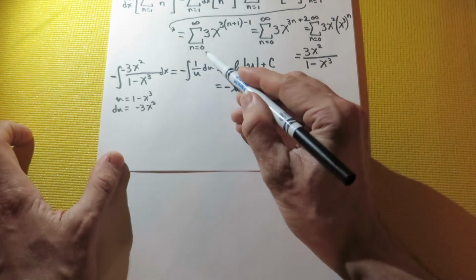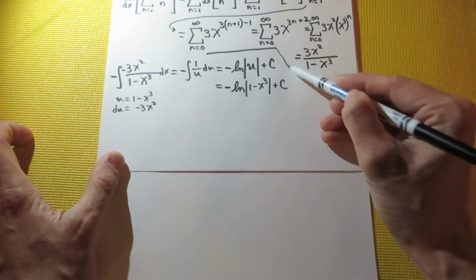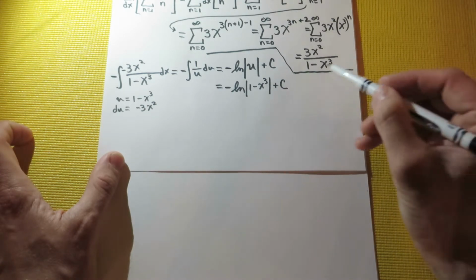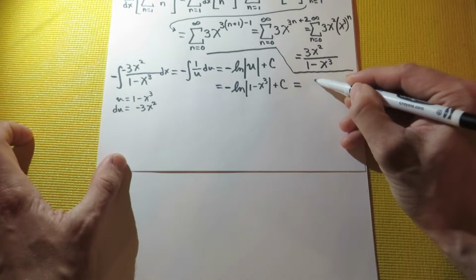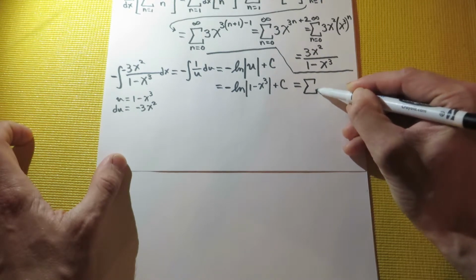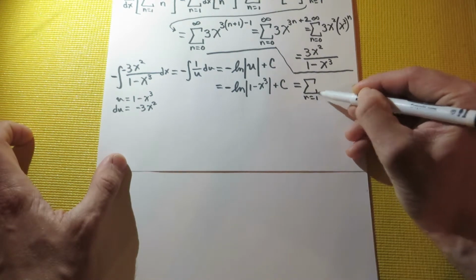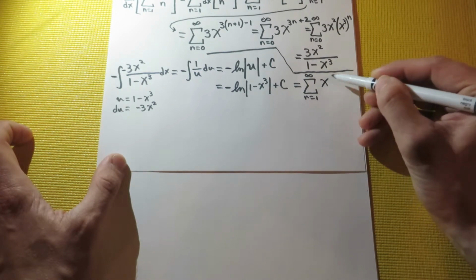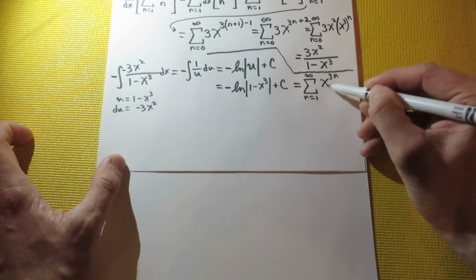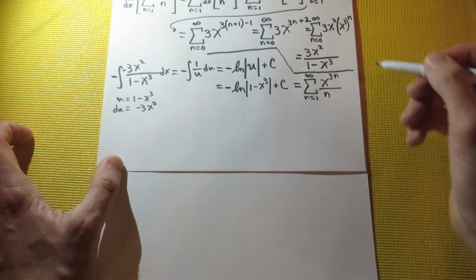So let me just section this off here. We know that that is going to equal the series that we started with, the series from n equals 1 to infinity of x to the 3nth power over n.